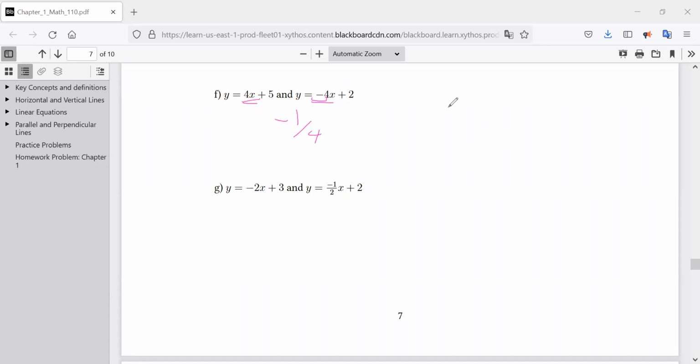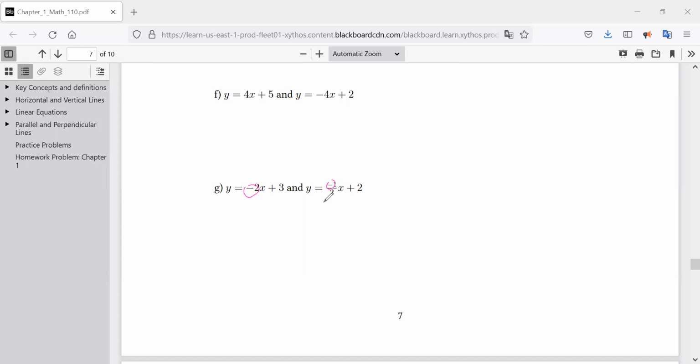If you were to draw them on the graph, this one would be 2 and something like that, and this one would be 5 and something like this. So this is not going to be either perpendicular or parallel. What about this one? Would that one be perpendicular? Not quite, because we've got a negative here and a negative here.